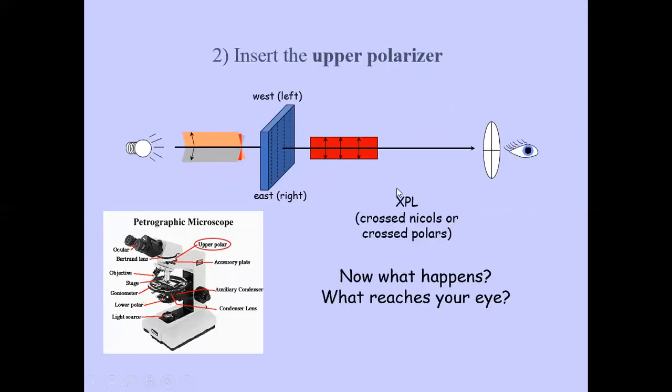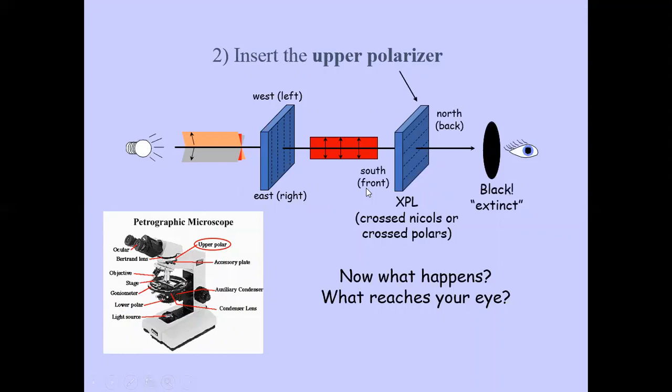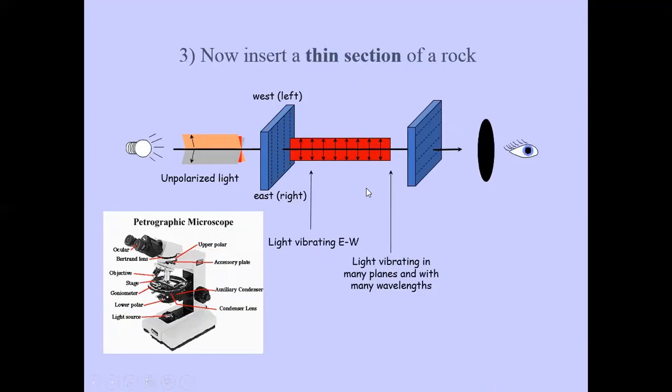On the other hand, when the upper polarizer is inserted in the path of light, in the microscope, then light passes through both polarizers, the lower polarizer as well as the upper polarizer, and such light is then termed cross polarized light. The properties which we observe under cross polarized light are termed cross polarized light properties, or simply cross light properties.